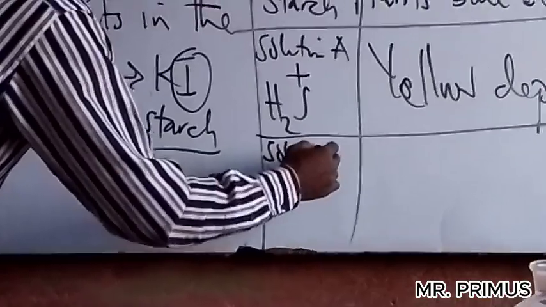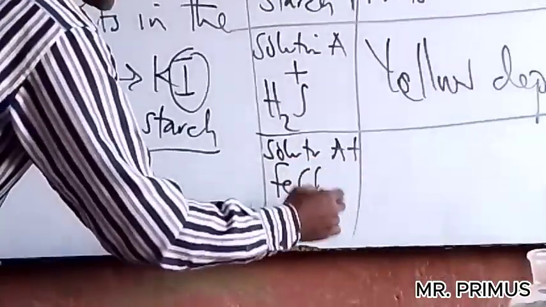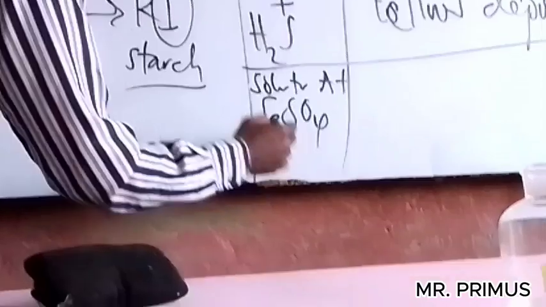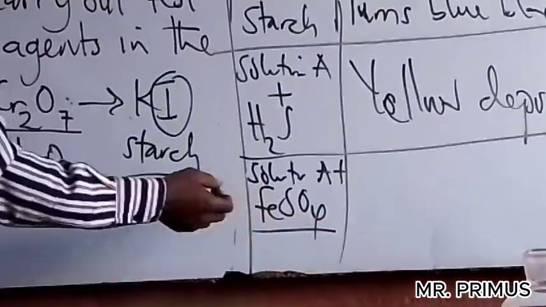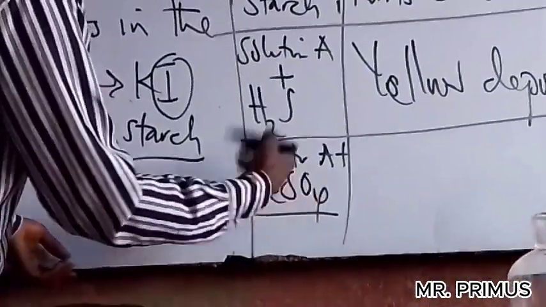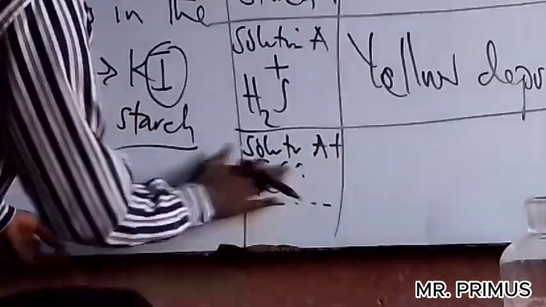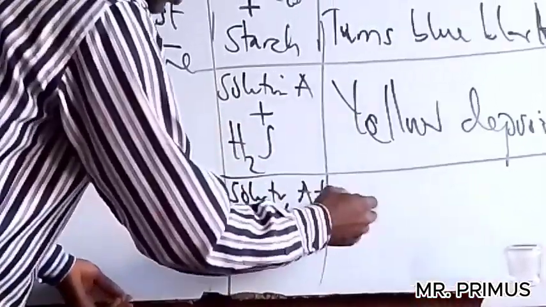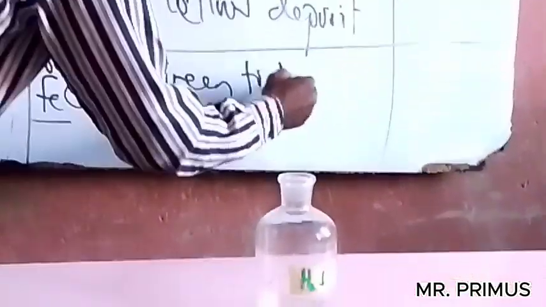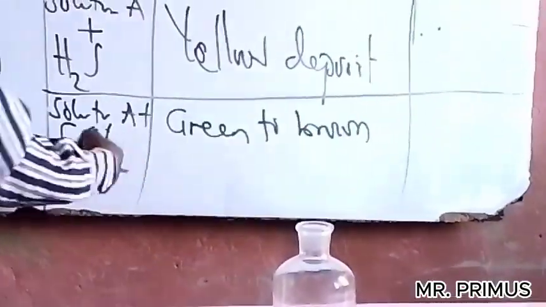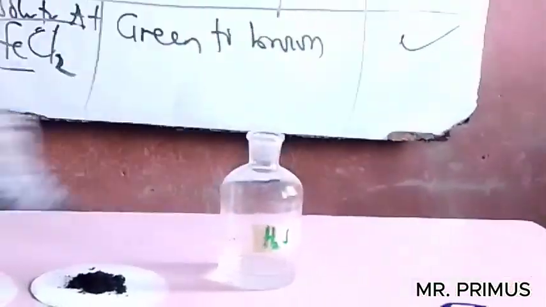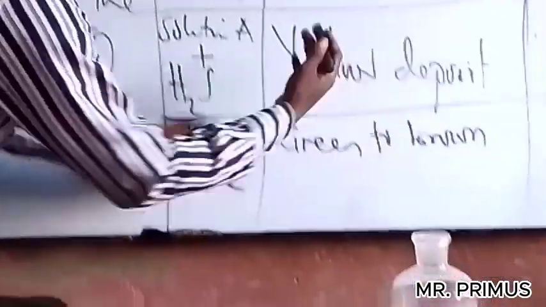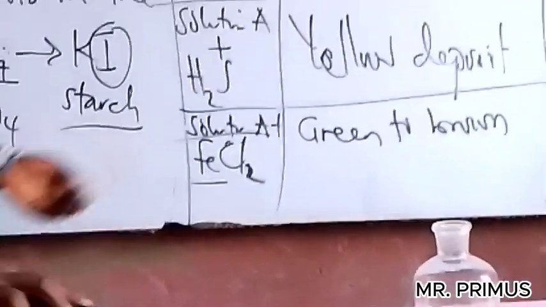Solution A plus FeCl2, let me be specific here. Iron II chloride will turn it from green to brown. Green to brown means that the solution is also an oxidizing agent. So this is how to identify oxidizing agents.